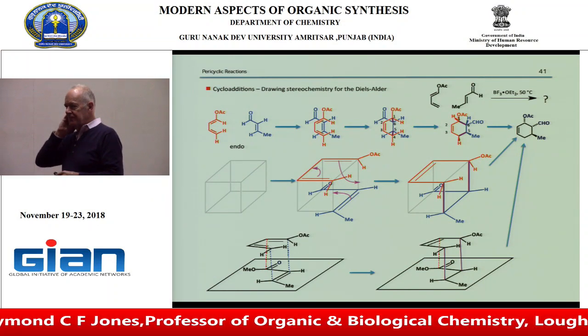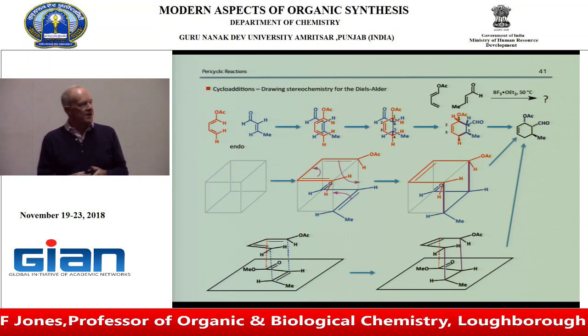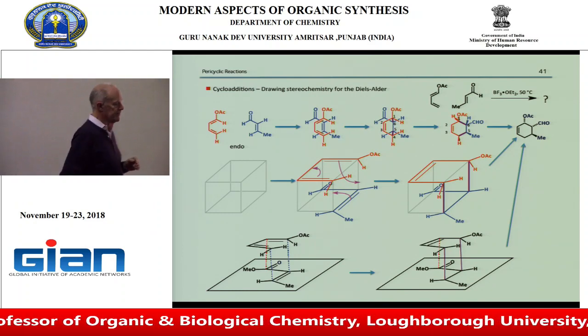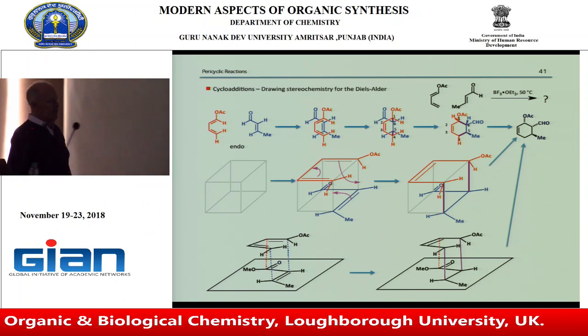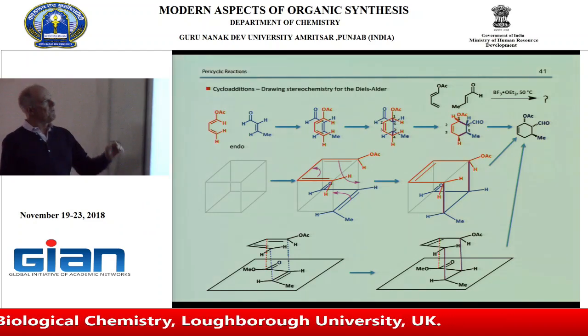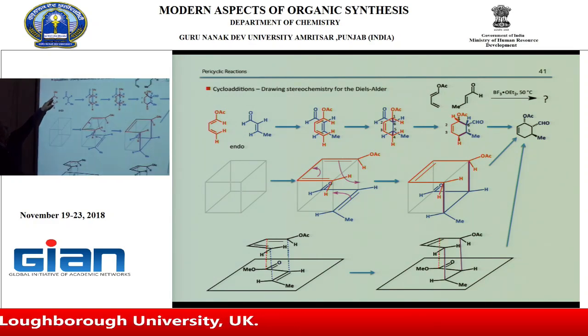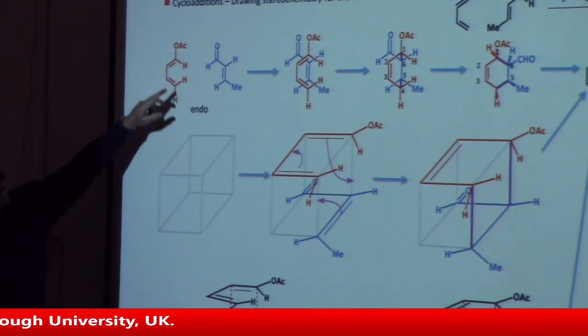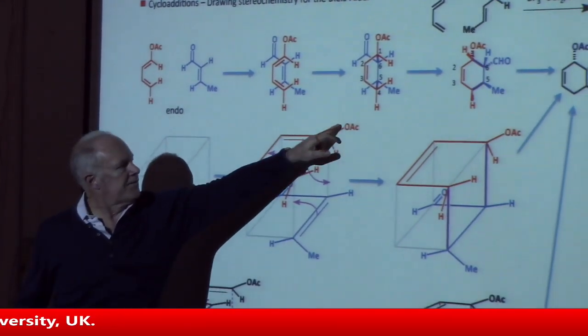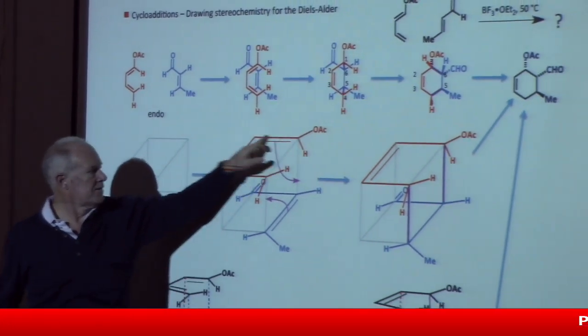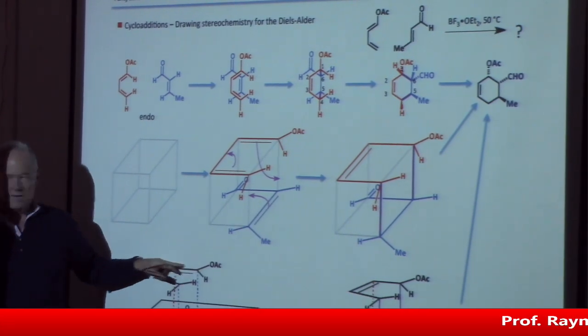But in all cases, the stereochemistry in the original components has been maintained. So I'm starting out here with an E double bond, and I have to draw that E here, or E here.